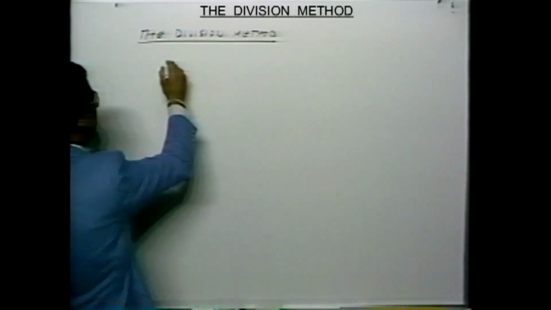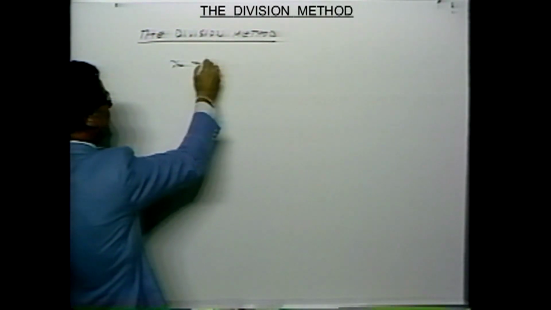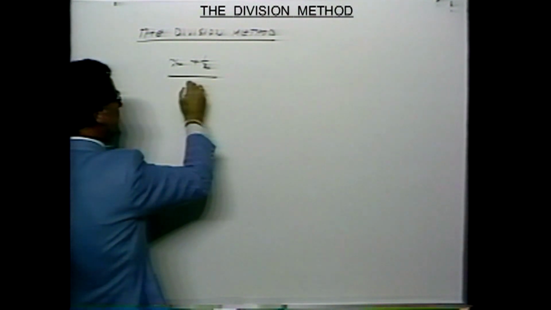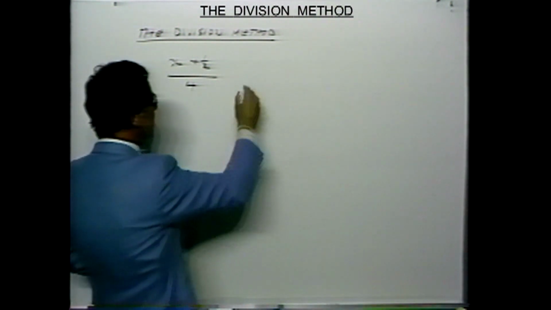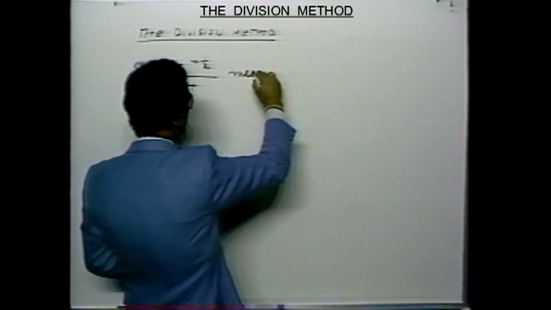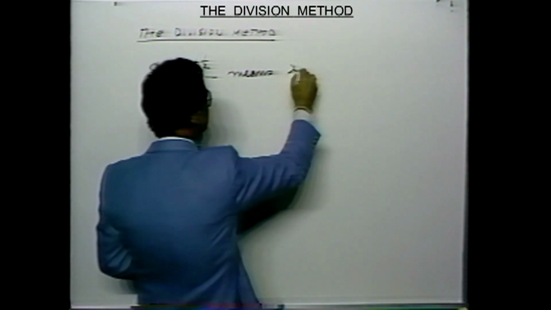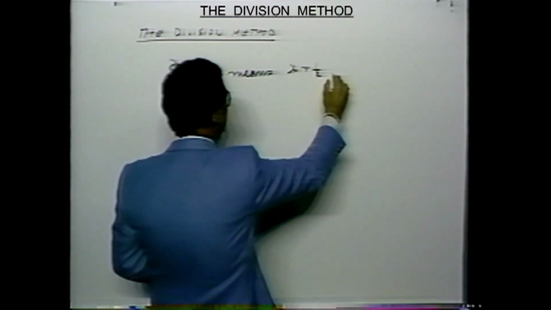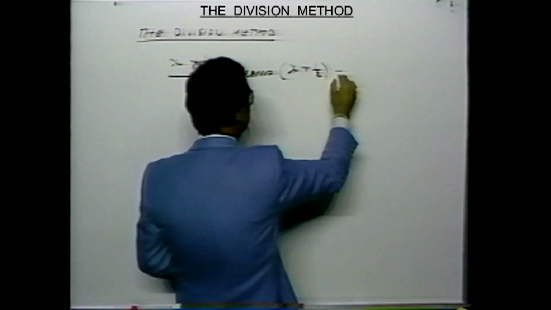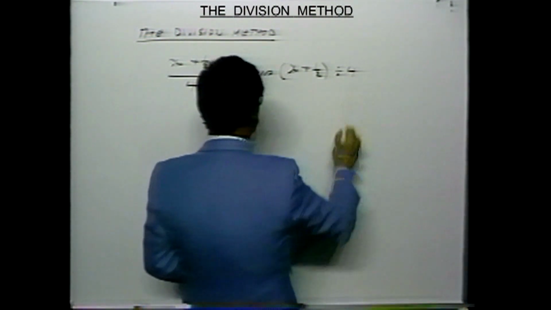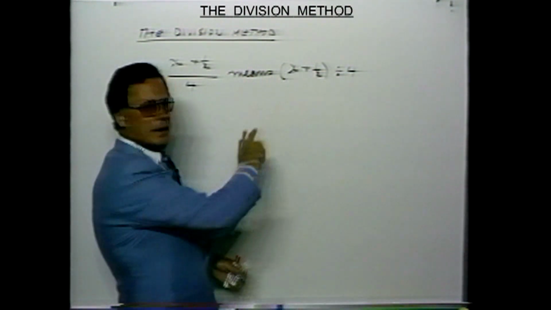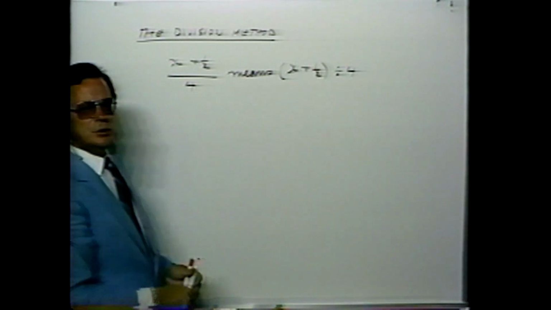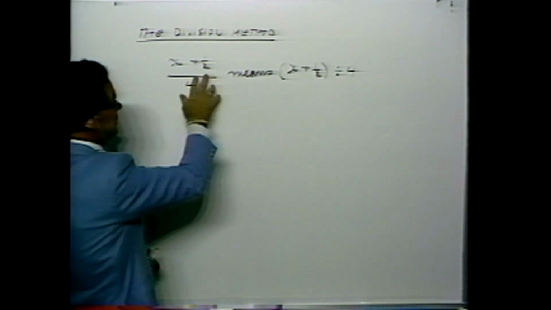We have (x plus 1/2) over 4. Now this means that x plus 1/2 is divided by 4. The numerator has a fraction, and the two terms must be combined by adding them.